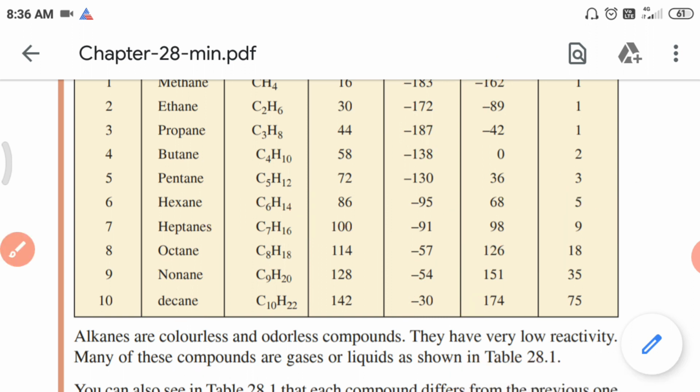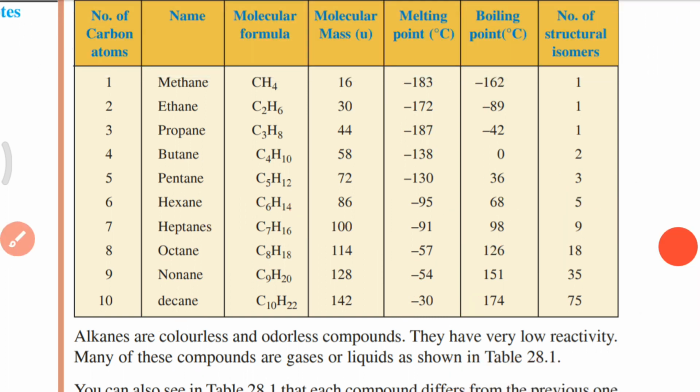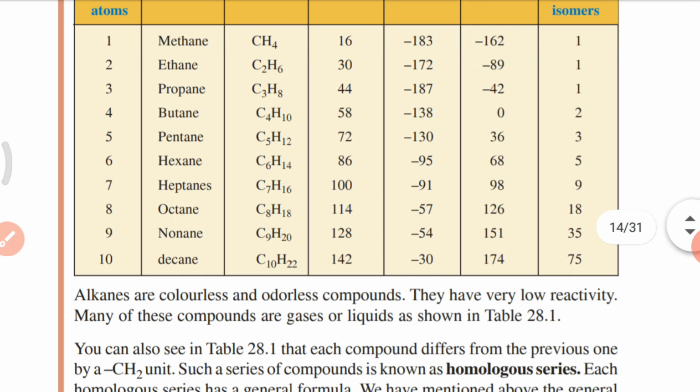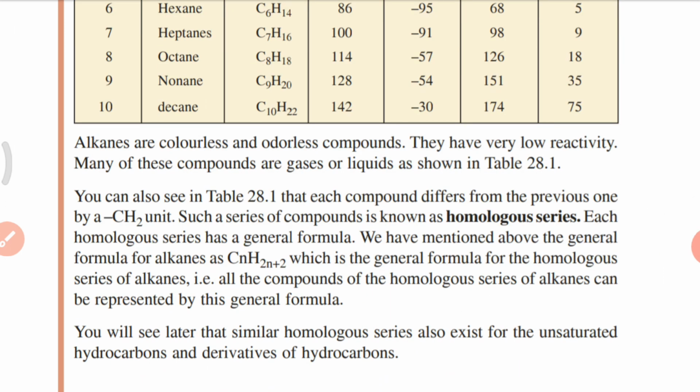If we take another pair, C4H10 and C5H12, the difference is the same. C4 changes to C5, that means increasing one C. H10 to H12, increasing H2. That means CH2. The difference between them is a CH2 unit.